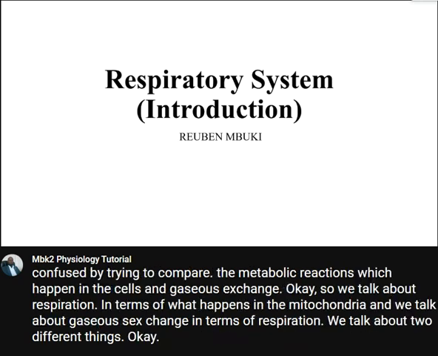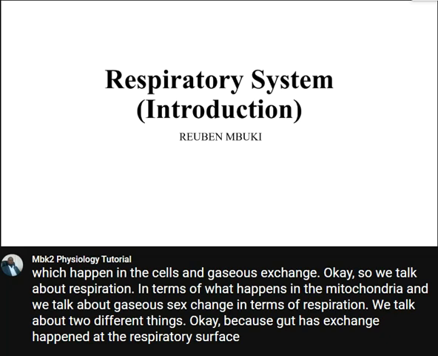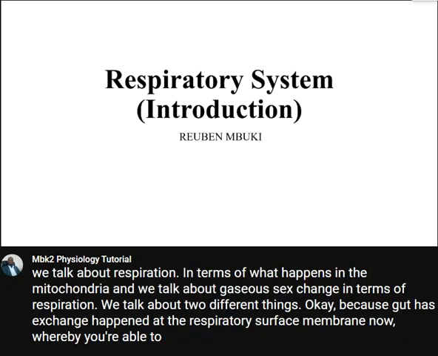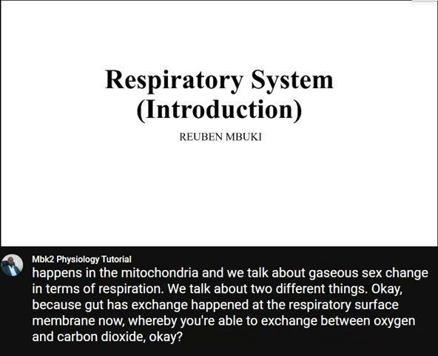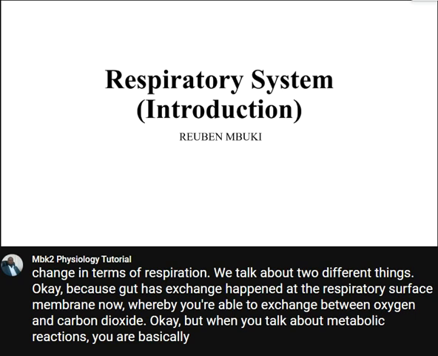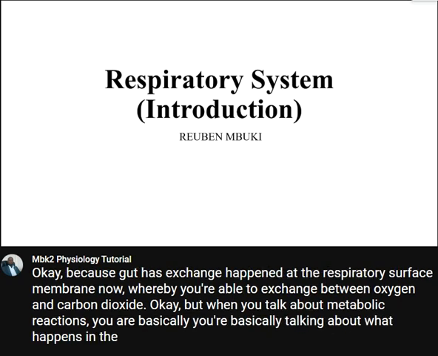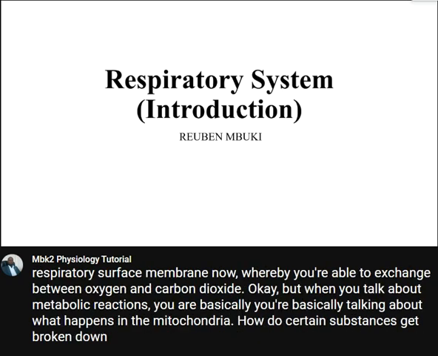Gaseous exchange happens at the respiratory surface membrane, whereby you're able to exchange oxygen and carbon dioxide. But when you talk about metabolic reactions, you're basically talking about what happens in the mitochondria. How do certain substances get broken down? Because metabolism means anabolism and catabolism.